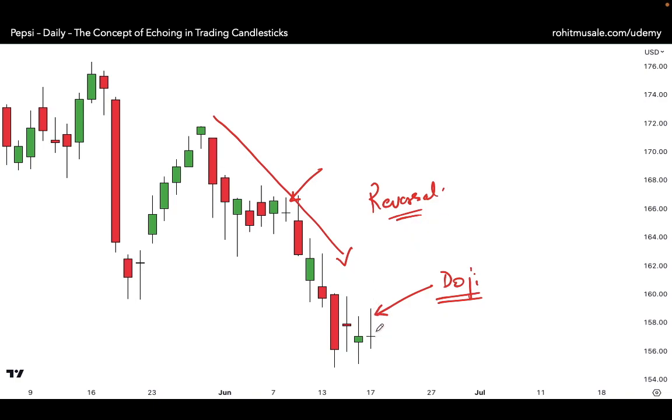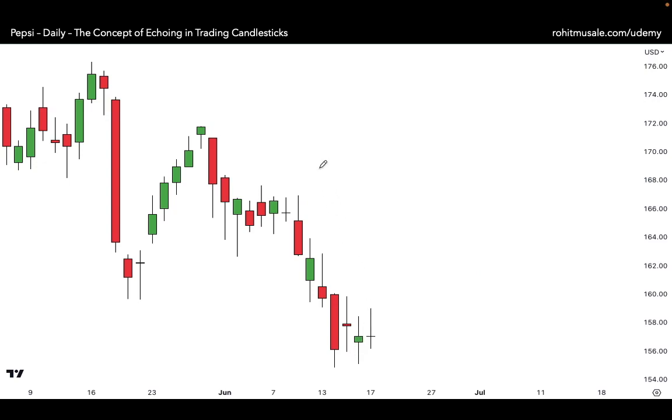Which means the doji is simply echoing the bullish implication of this bull harami. So you have three levels of echoing on this chart. One is coming from the high wave candle, another is coming from the second high wave candle, and third is coming from the doji candle.